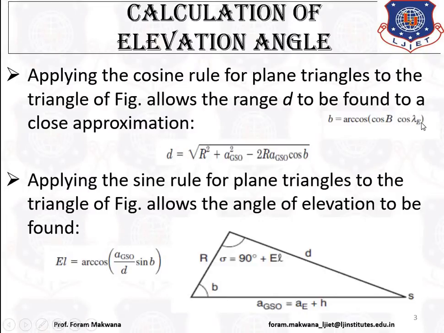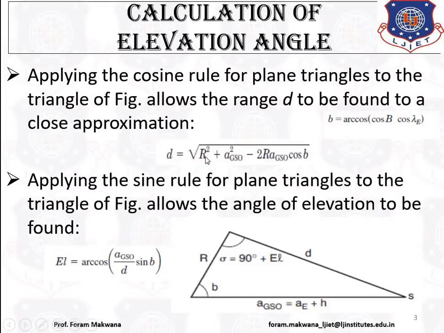Lambda e stands for latitude of earth station, right? So small d is calculated from this equation: d is equal to under root of r square plus agso square minus 2 r agso into cos b.